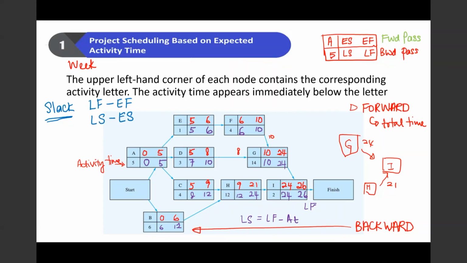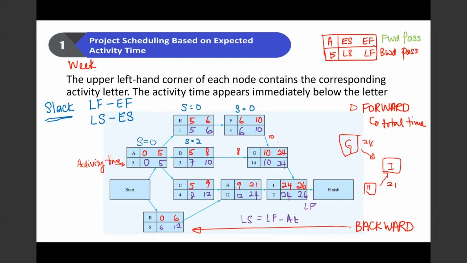So it will be this minus this or this minus this. So 0 minus 0 or 5 minus 0 will give you a slack of 0. Activity E, 0. Activity F, the slack is also 0. Activity D, the slack is 7 minus 5 is 2, 10 minus 8 is also 2.